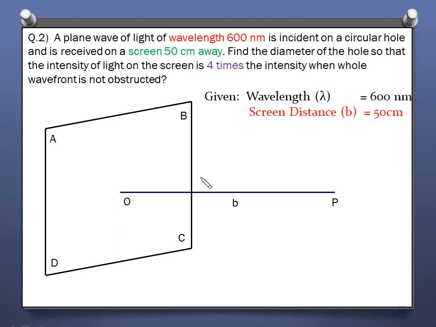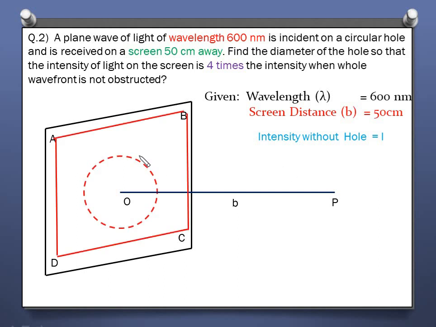This is a plane wavefront ABCD. P is the point on the screen where we are observing the intensity. Now when the whole wavefront is exposed, the intensity at point P will be I. Now if you obstruct the whole wavefront except a circular hole like this, so the whole wavefront is obstructed and only the light coming from this circular hole, in that scenario the intensity at point P will be 4 into I. And what we have to find out is the diameter.